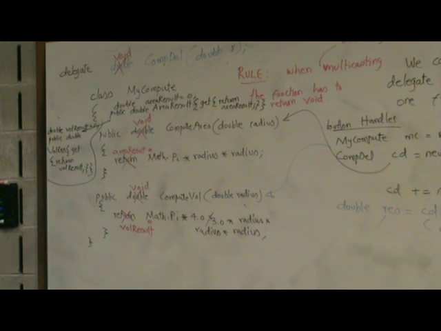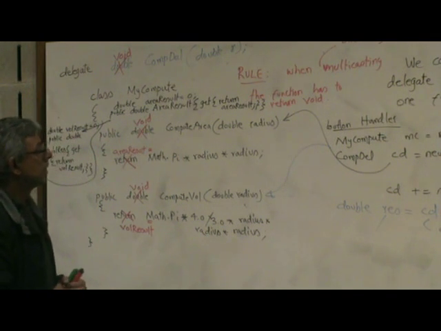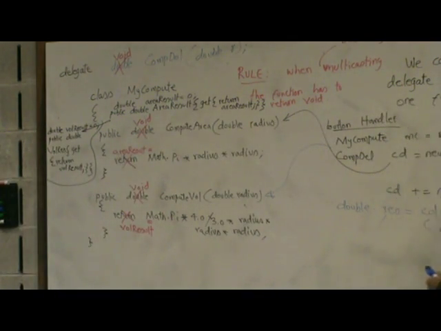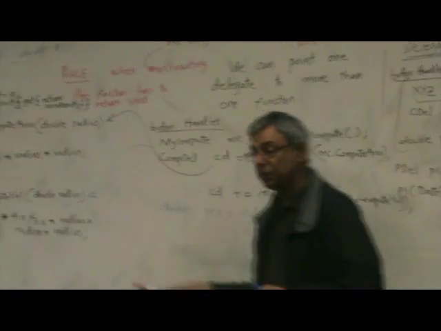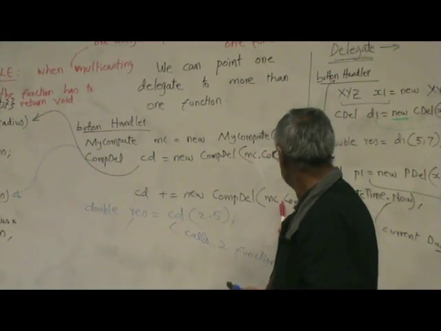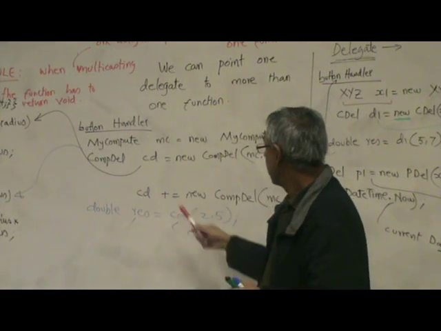Okay, so now let's go over here. So our first delegate that we created, we can make it point to compute area, which is fine. Second delegate, using the plus equal to, we can make it point to the second function, right?